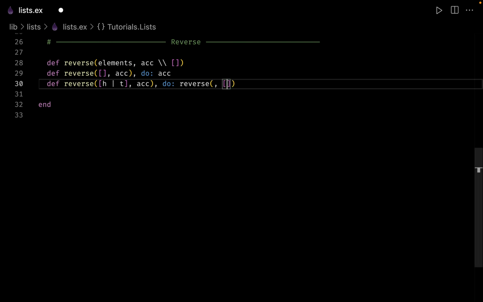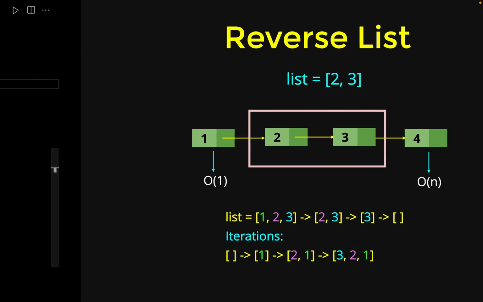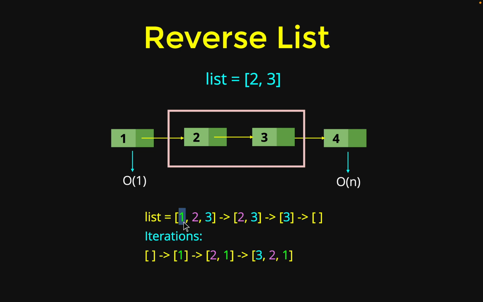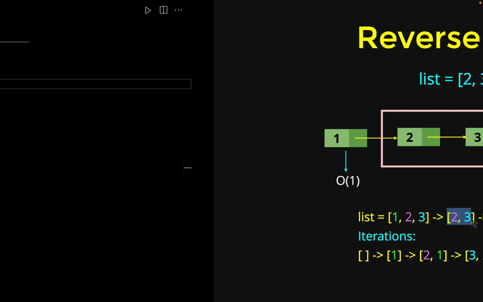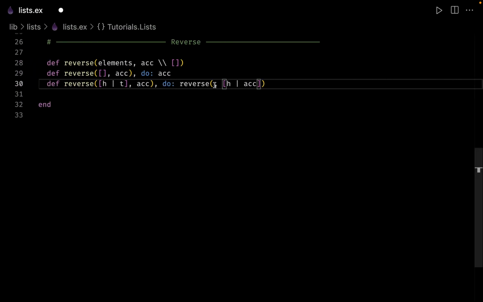We simply want to take the head and add the head to our accumulator. Now let us again go back to the diagram. Since we have taken out 1, our list for the next iteration should be 2 and 3, and we can very easily do that. For the next iteration we simply have to pass the tail back, and that's it. We have a very nice tail recursive program to reverse our list.